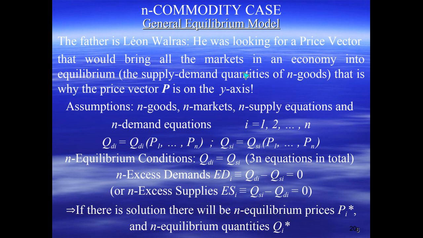That's why he put the price on the vertical axis, and excess demands on the horizontal axis. He thought this way.